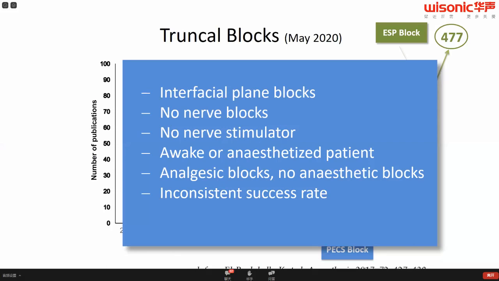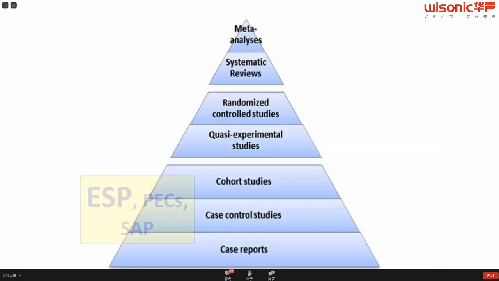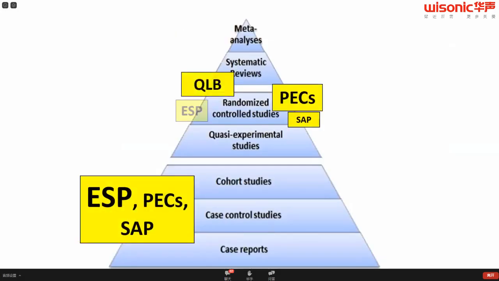What is also common to all these blocks is that they are inconsistent in their success rate, and they have a low complication rate. We also have to state that for many of these blocks, we only have case reports or case studies, and only for a few do we have randomized controlled studies or systematic reviews.